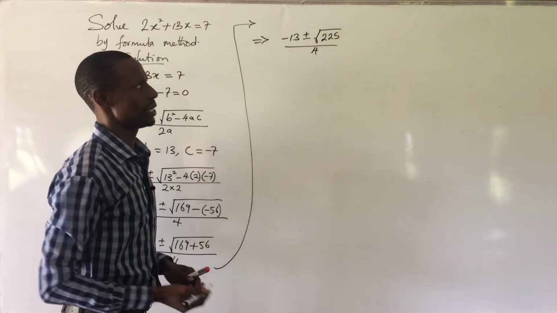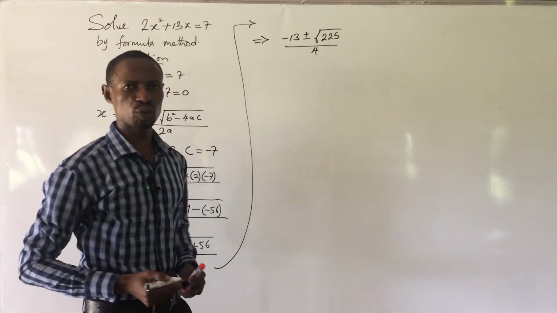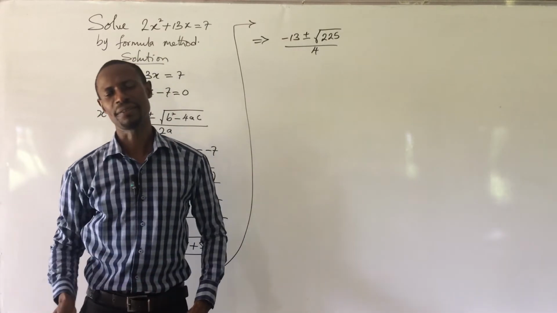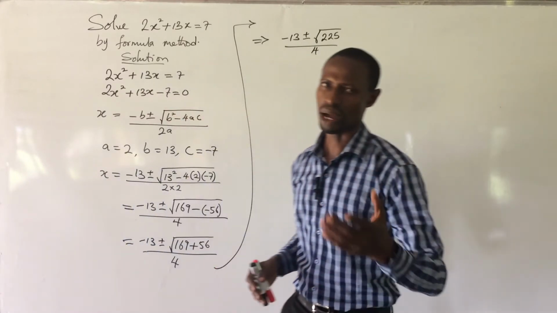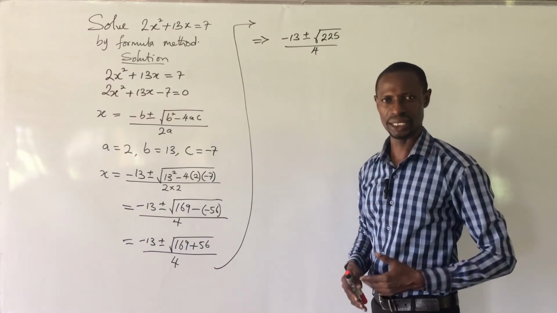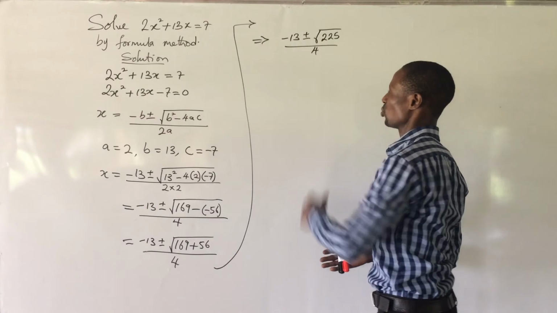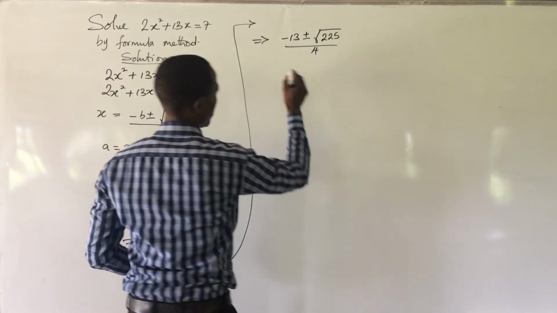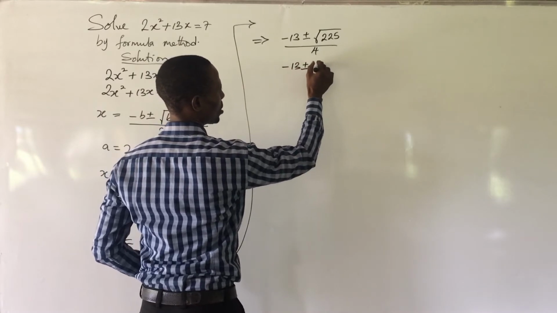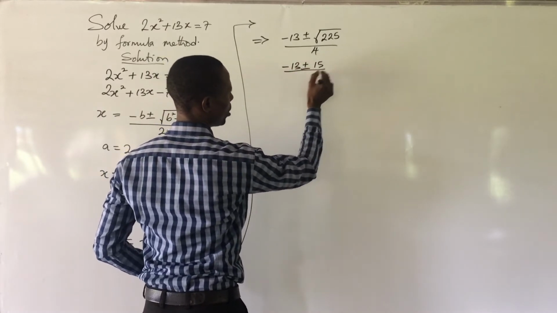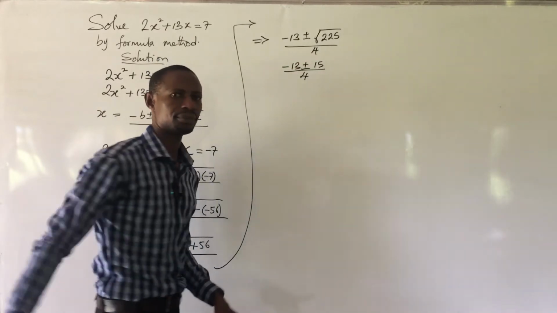We can go ahead to find the square root of 225. And the square root of 225 is 15. In other words, 15 times 15 gives us 225. So from here, this will now give us minus 13 plus minus 15 all over 4.